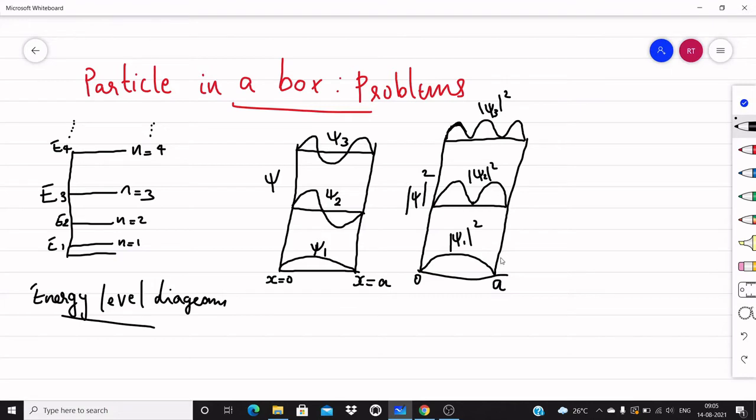This is the form of mod psi square, and how the function psi and mod psi square vary, and this is the energy level diagram. Now you know how the probability varies as n increases. This corresponds to n is equal to 1, n is equal to 2, n is equal to 3.